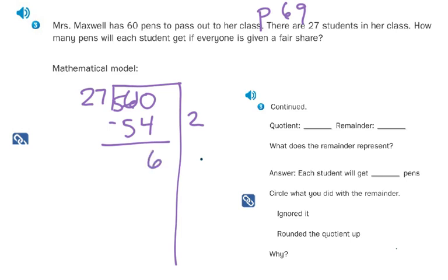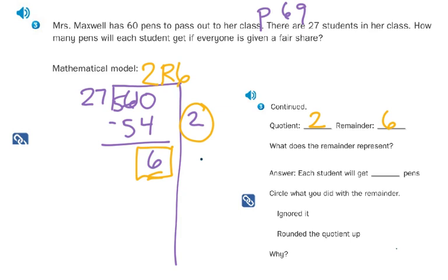So she's given every student 2 pens, and how many pens are left? Well, there's 6, but we want to be fair. If we start handing out a third pen, only 6 out of the 27 students are going to get it. So our quotient, our answer is 2, remainder 6.